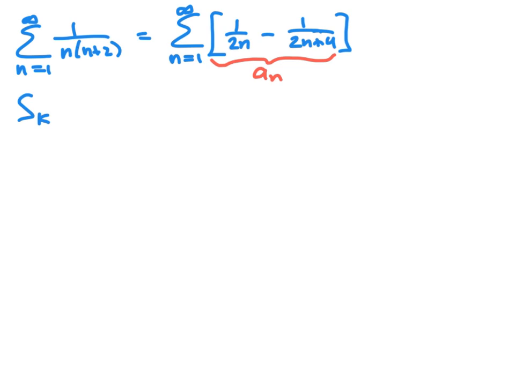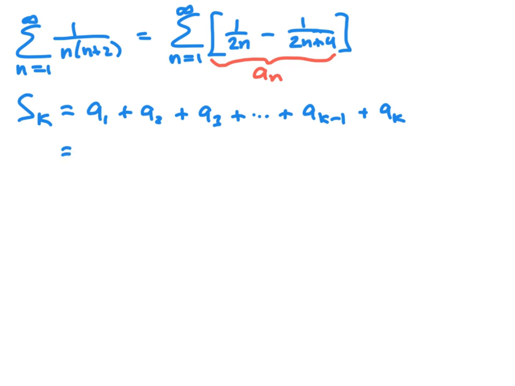We want to find a formula for the partial sum s sub k, which we know will be a1 plus a2 plus a3 and so on, all the way up to a sub k. And maybe we'll throw in the second to last term here as well, because that will be useful in this example. So we'll have a sub k minus 1, and then finally a sub k.